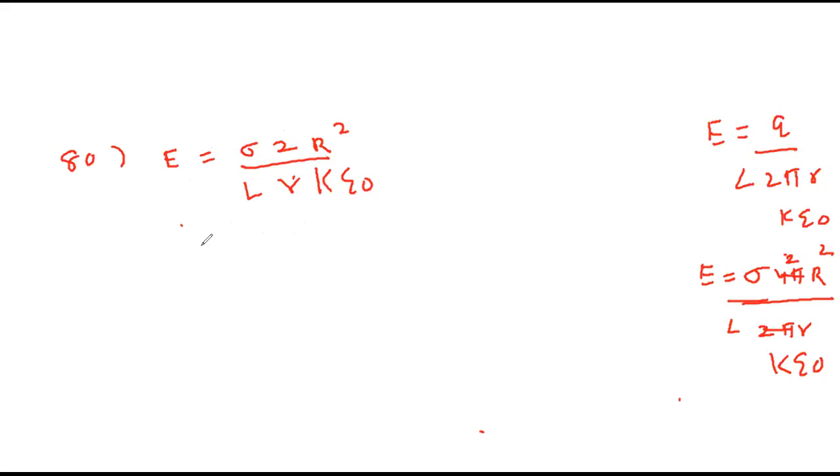Therefore E equals to lambda upon 2 pi epsilon, 2 pi cancel.